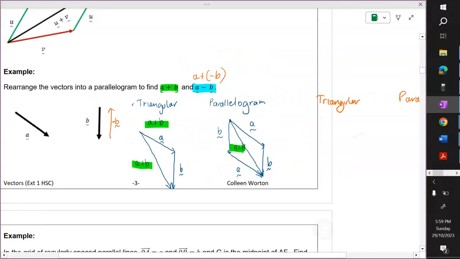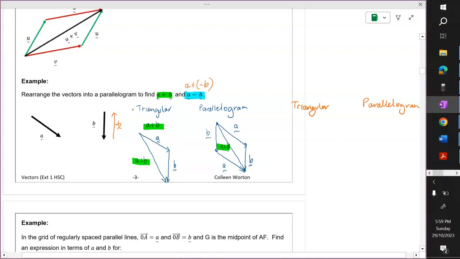So if I'm going to use my triangulation method, I've got vector a down there, noting that I'm doing a plus minus b. So there's vector a, and I need to add to that minus b.